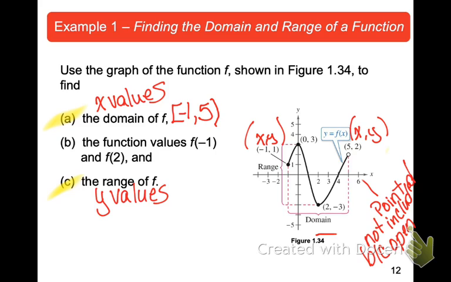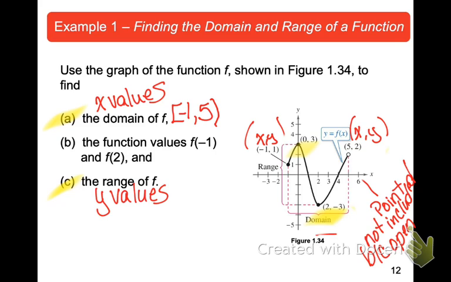Now, for my y values, I want to look at my highest and my lowest point. Do you see how this (0, 3) is my highest point? And do you see how (2, -3) is my lowest point? Okay, that's going to be my range, but I'm only looking at my y values in those 2 points.